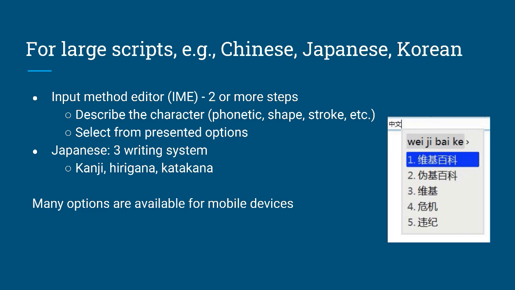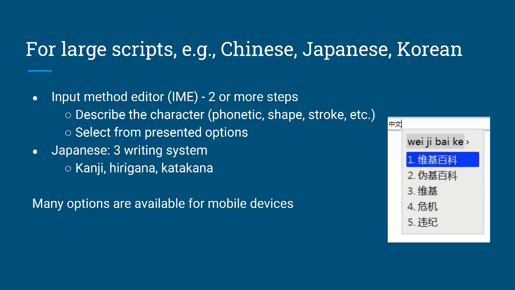So in the case of these very large writing systems, you can think of your keyboard as being, instead of just a keyboard driver program, what's often called an input method editor, or IME. There may be 2 or more steps to determine the character, such as describing it by its phonetics, or by its shape, or by strokes, or some other way of specifying it.